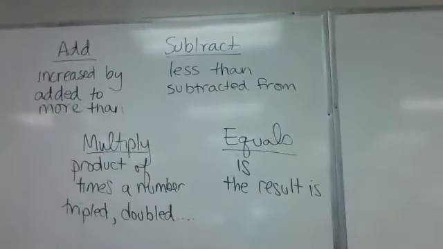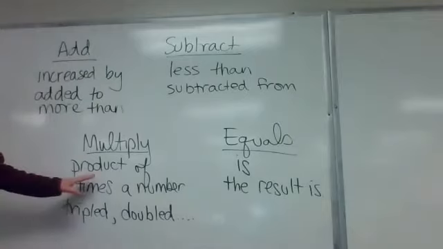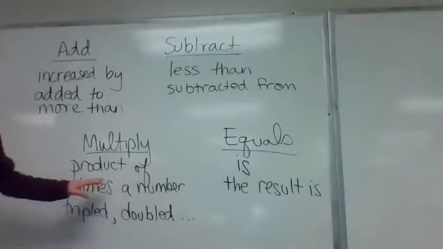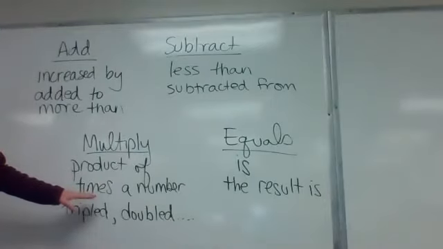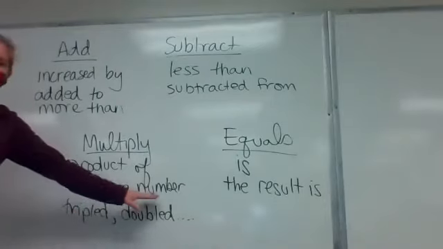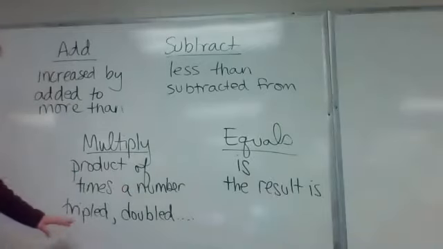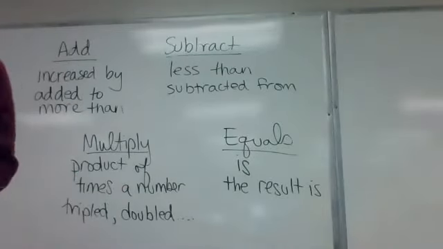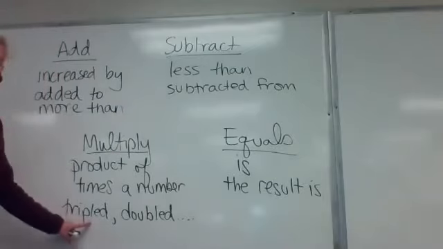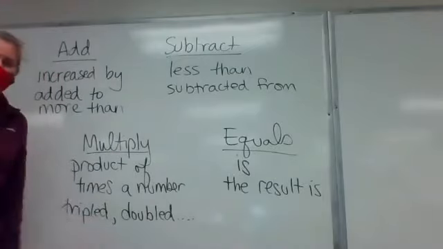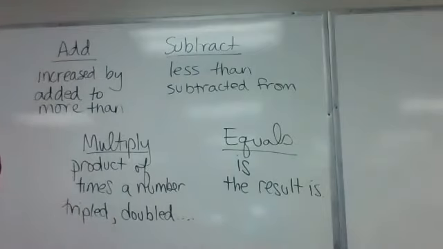Wording that would tell you to multiply two things together would be the product of. Product means you're going to multiply. Or if you see wording that says 5 times a number. Or if you see a word like tripled or doubled, tripled would mean you need to multiply by 3. Doubled would mean you would need to multiply by 2.